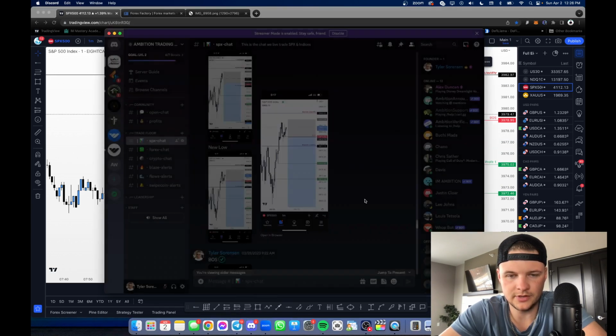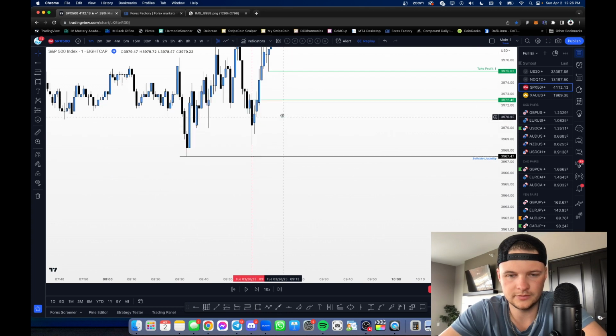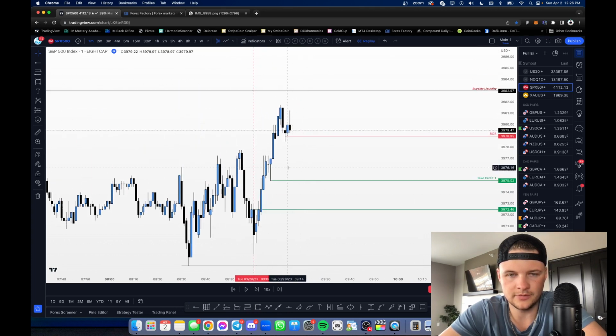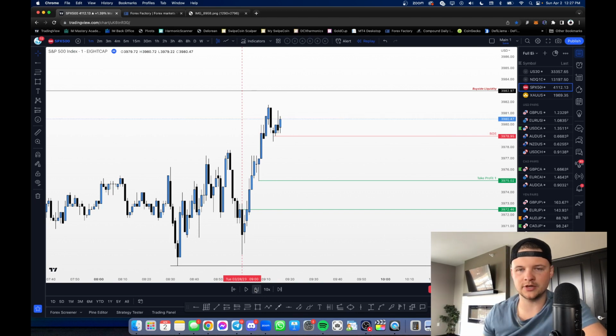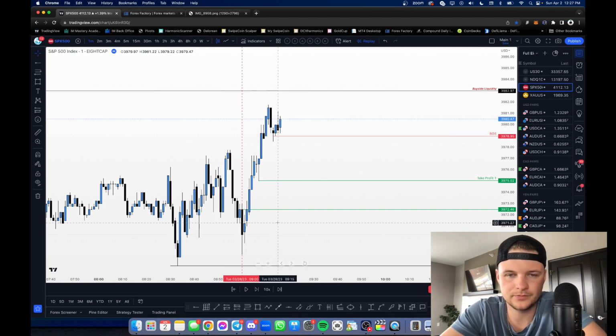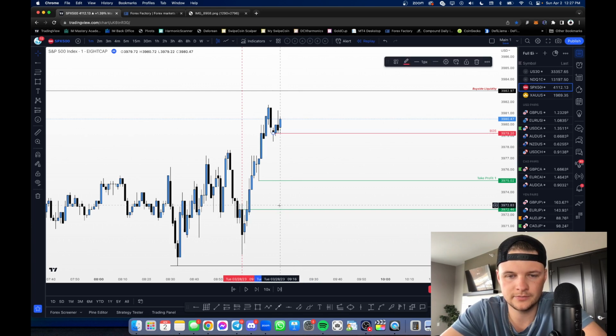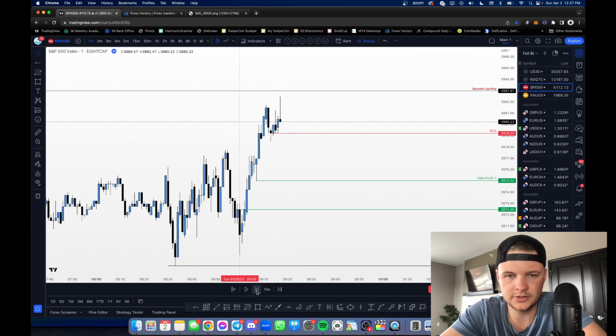And then TP3 must have been down here farther. All right, waiting for the break of structure here for the entry point, guys. Tracking new low right here. Waiting for a break of structure.